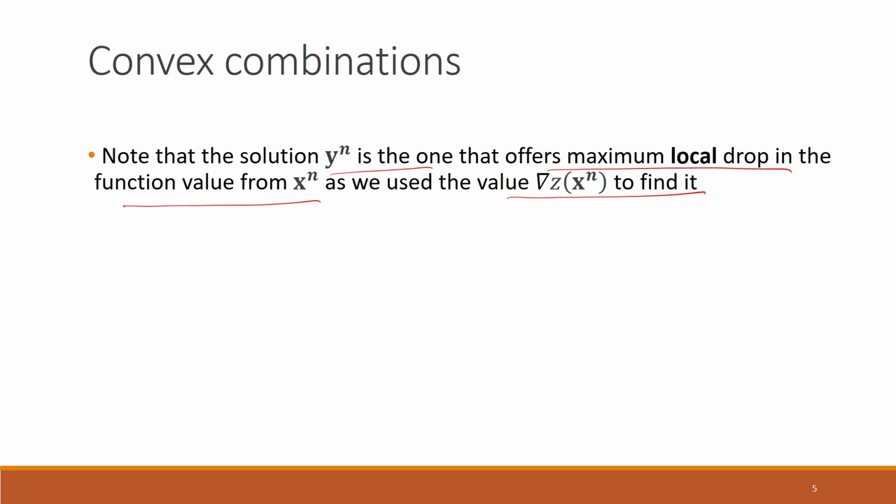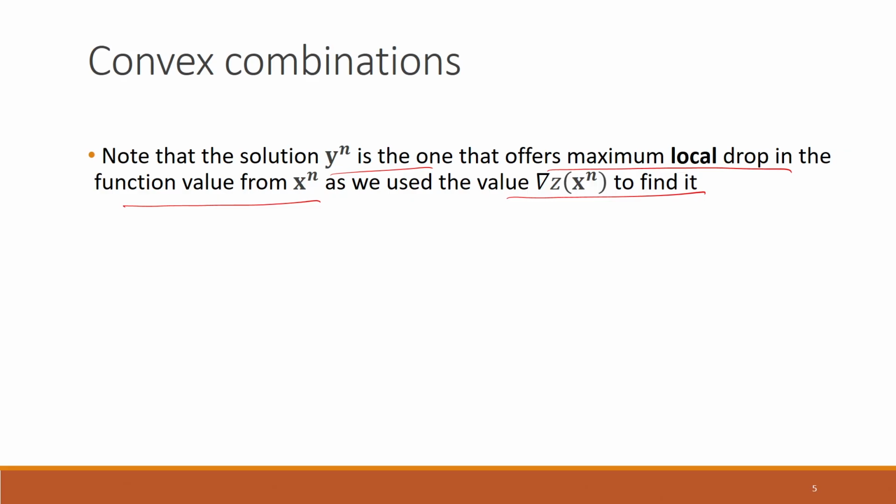So if you remember when we were discussing this point yn, we had said that we want to find that point which offers the maximum drop in the function value, but we had said local in the bracket, because when we are solving this optimization problem to find y that we saw in the previous slides, we are using the derivative of the function z at this point xn. Now this gradient information at xn may be different from the points which are near xn.